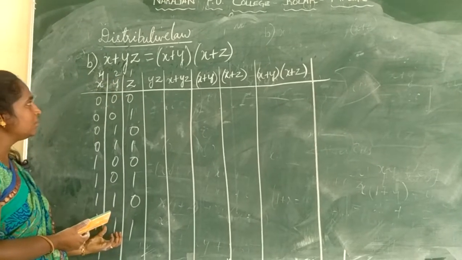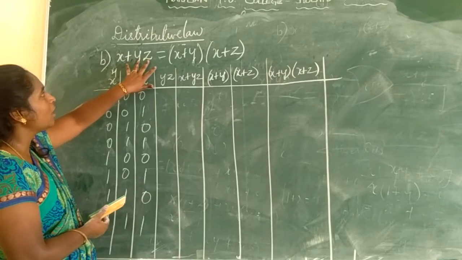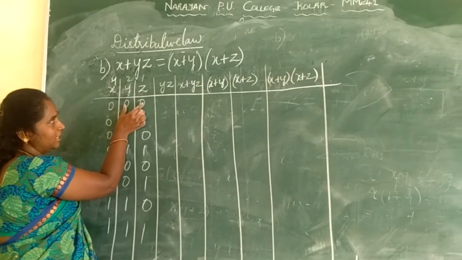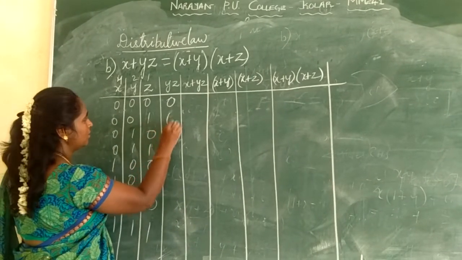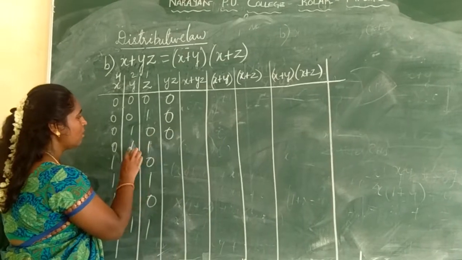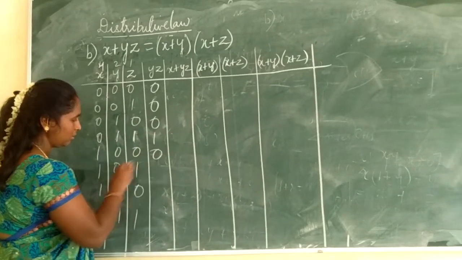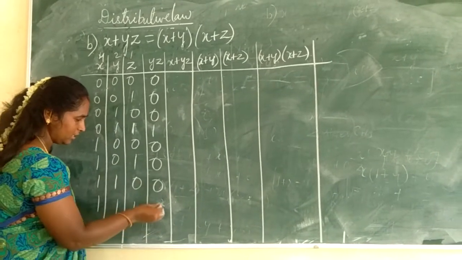This is for your input. I have assigned the values. Now in this expression, I am using yz. It should be logical multiplication. 0 into 0 is 0, 0 into 1 is 0, 1 into 0 is 0, 1 into 1 is 1.